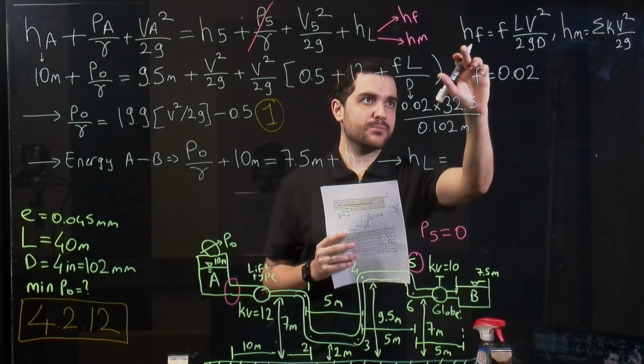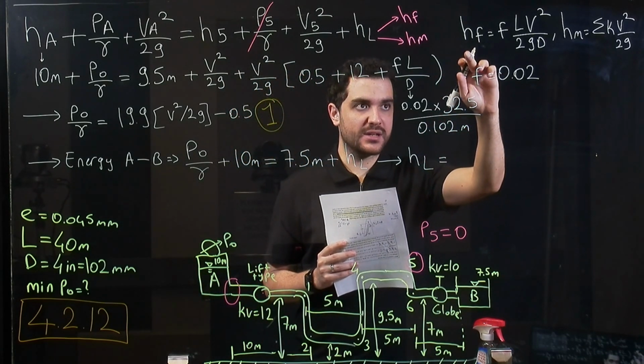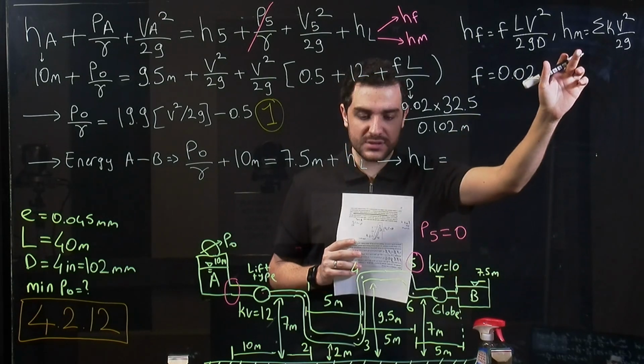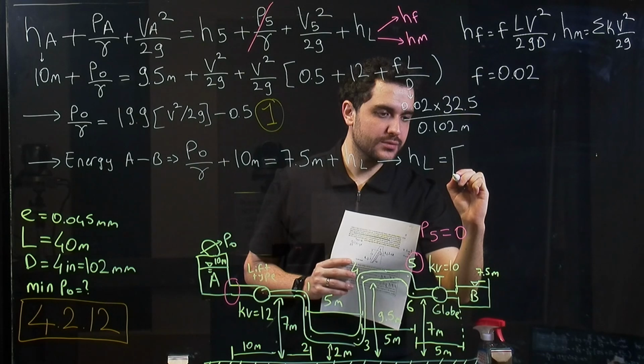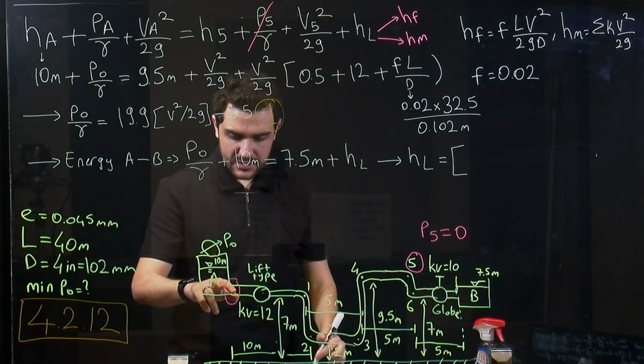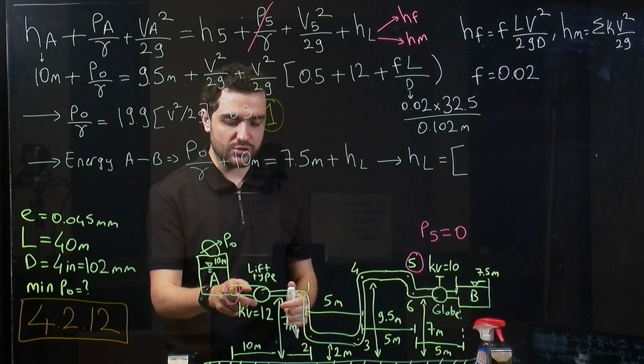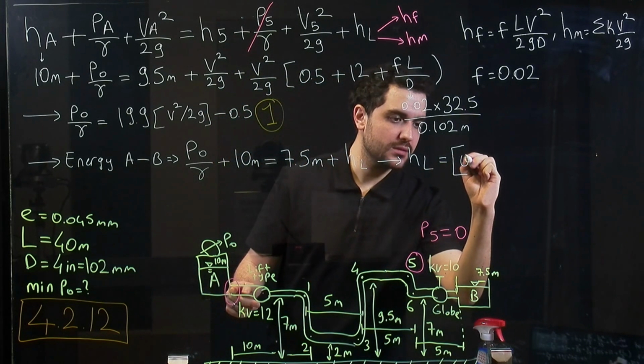Again, we will have both frictional head losses and the minor head losses. So if we start with minor head loss, first of all, we will have this entrance to pipe, which is 0.5.